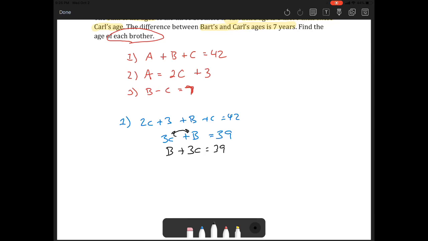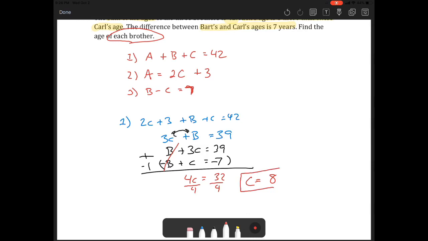So now I have B minus C equals 7. So we're pretty close, but what I want to do is I want my B's to cancel. So I'm going to make this entire thing multiplied by negative 1. So that means I'm going to have negative B, positive C, negative 7. And now I'm going to add. So my B's will cancel, and I'll end up with 4C equals 32, which means if I divide by 4, that means Carl's age is 8.